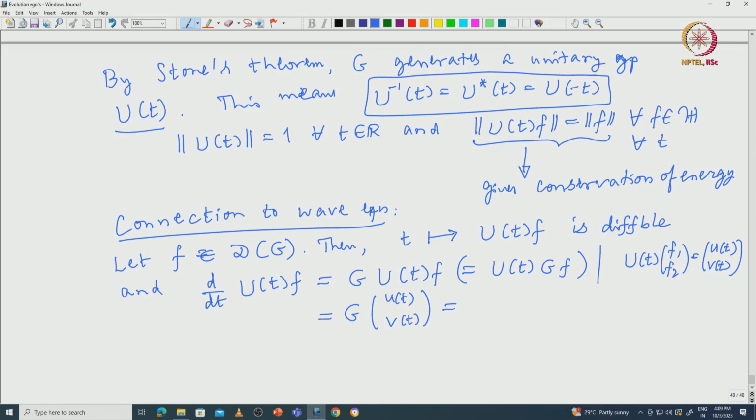If you use the definition of this G, you get this VT and the Laplacian of UT. This is just du by dt, dv by dt.